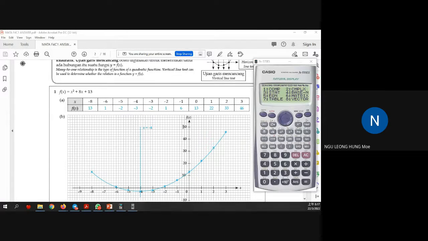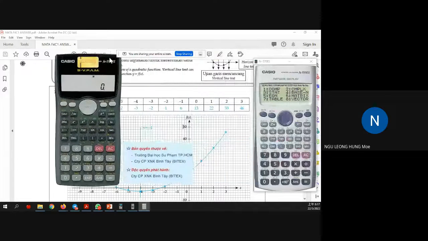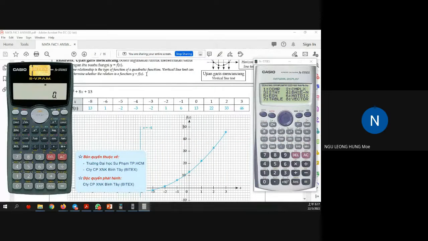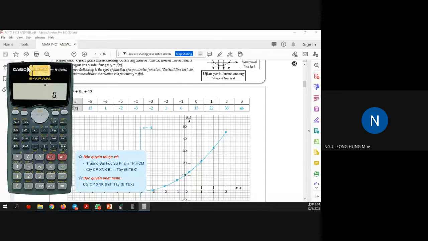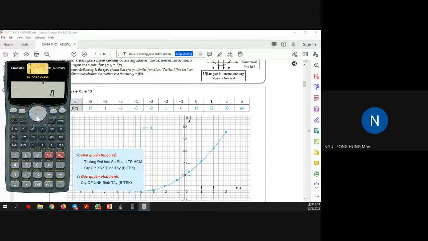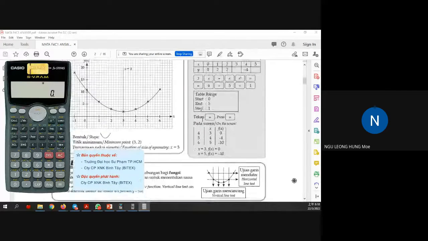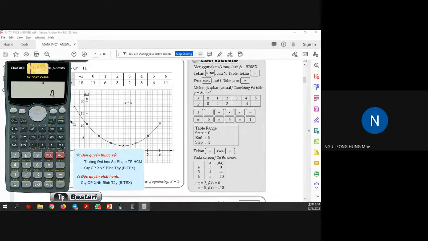Wait, I'll try to get another calculator. Or any of you using this calculator? If yes, reply me 9. Okay, so if you are using that calculator, I'm trying to use this one. You press on the mode. Table. Equation.